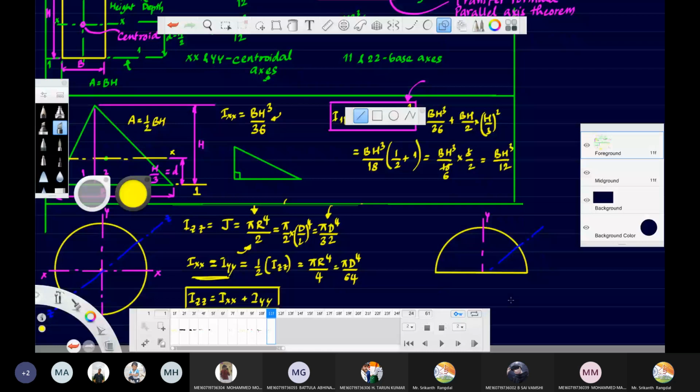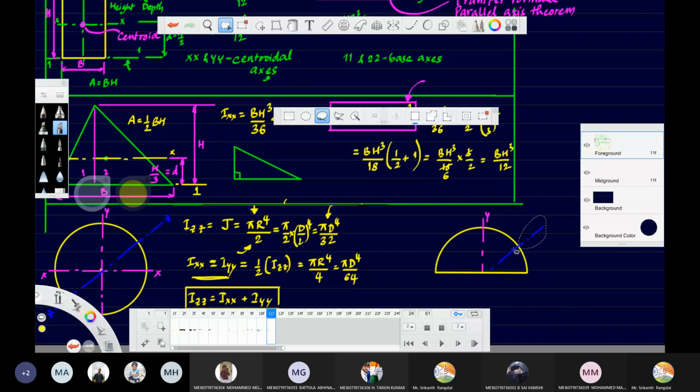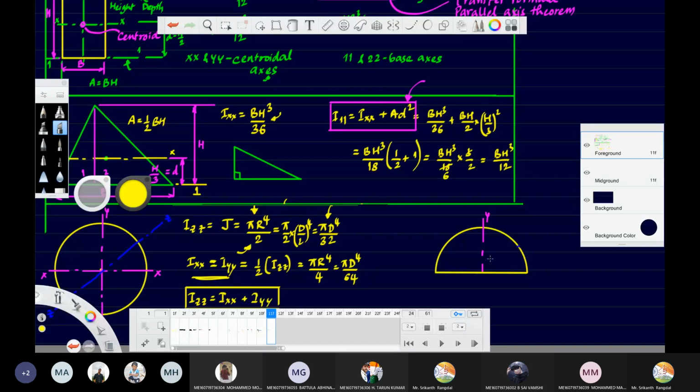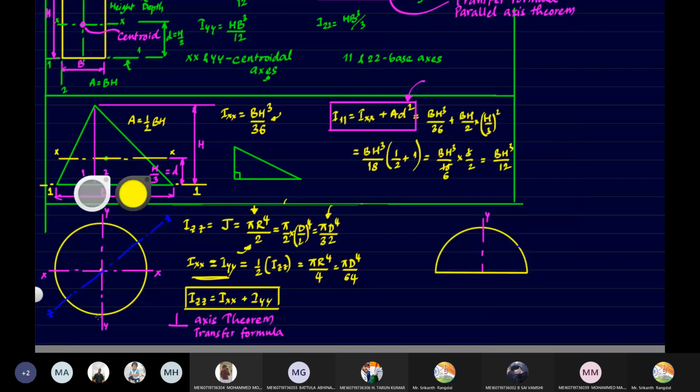The y-axis will remain at the same place, because the centroid is located here.